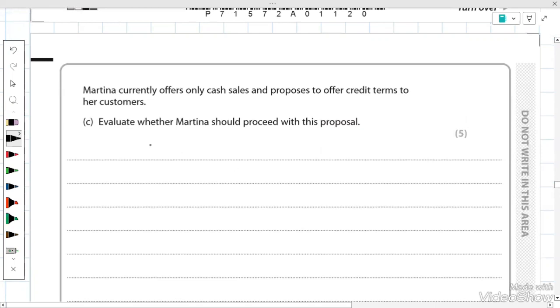The next question: Martina currently offers only cash sales and proposes to offer credit terms to her customers. Evaluate whether Martina should proceed with this proposal.